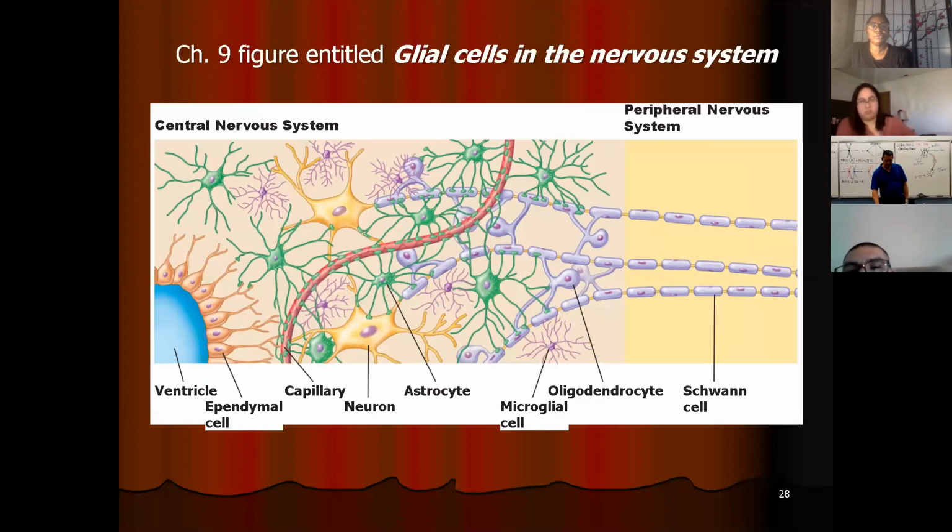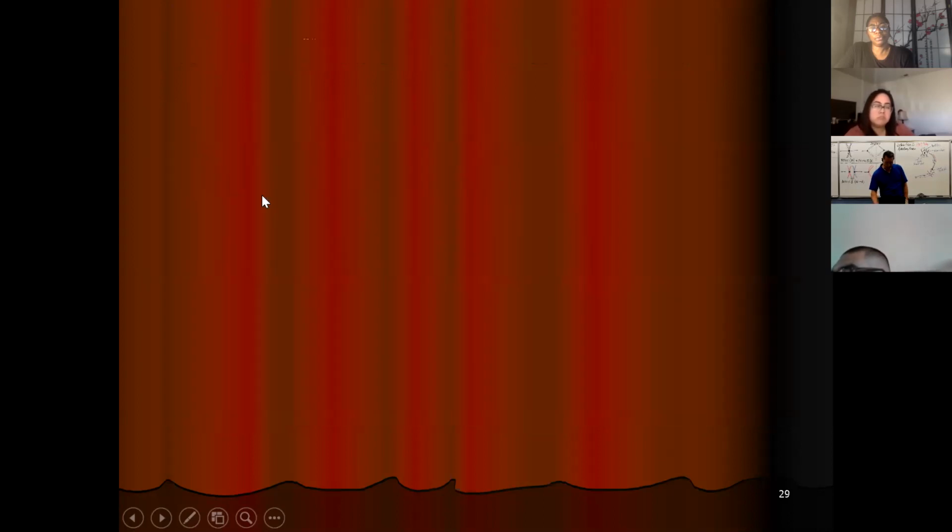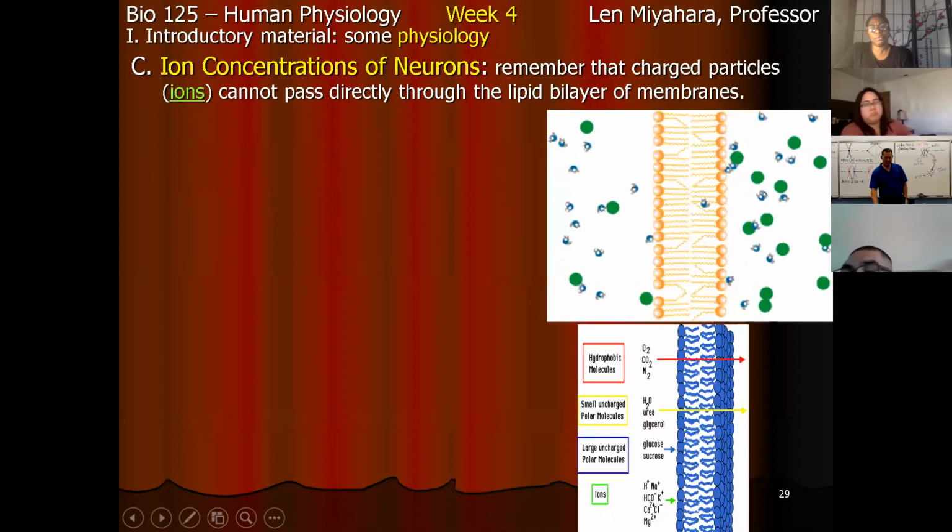Again, if it's lining CSF, it's got to be ependymal cells. If it's lining a blood vessel, it's got to be an astrocyte. If it's myelinating, it's got to be an oligodendrocyte. And if it's none of those, it's got to be microglia.